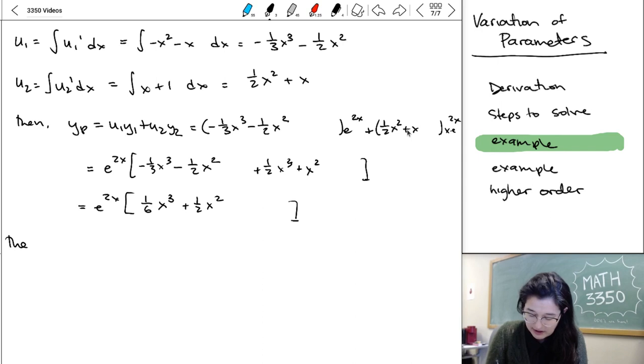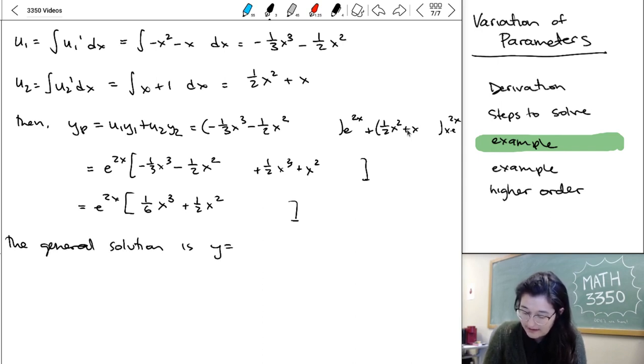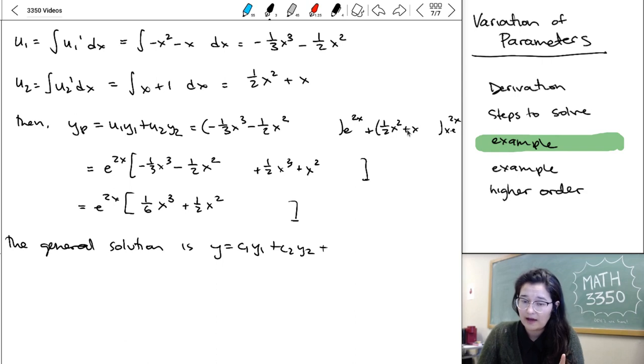So I'm going to plug it into my general solution, which is y is equal to c1 y1 plus c2 y2 plus y sub p, which is that u1 y1 plus u2 y2.